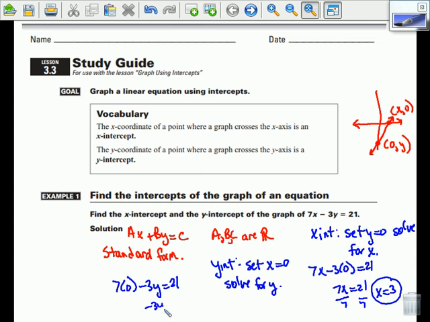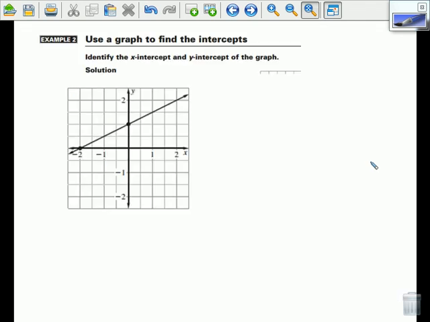That gives me negative 3y equals 21. When I divide by negative 3, that gives me y equals negative 7. Then I could graph a point where x equals 3 on the x-axis and y equals negative 7 on the y-axis, and just like I did here, graph them. So it's another way to graph a line.